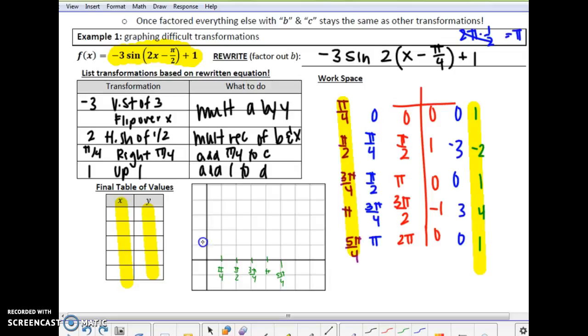And along this, looks like we'll do 1, pi over 4, 1, pi over 2, -2, 1, 4, and then 1, and we'll go ahead and go out the rest of the graph paper. So the green dots are what you're getting from your table of values. The purple dots are the ones we're adding just to make sure that we are showing more than one period. And there it is.